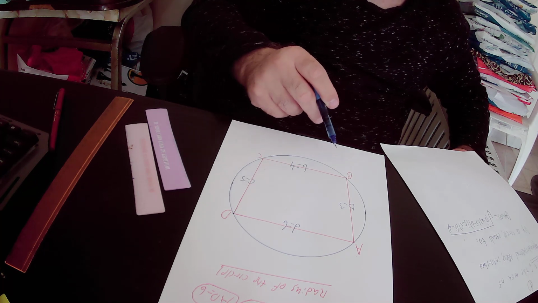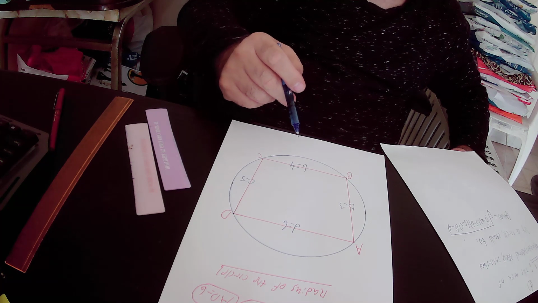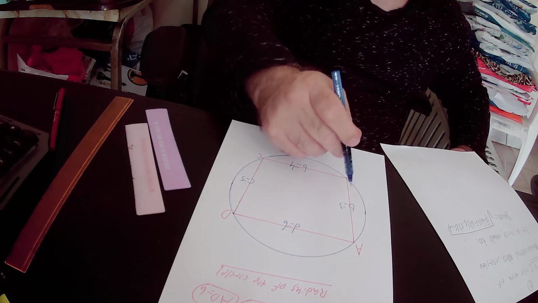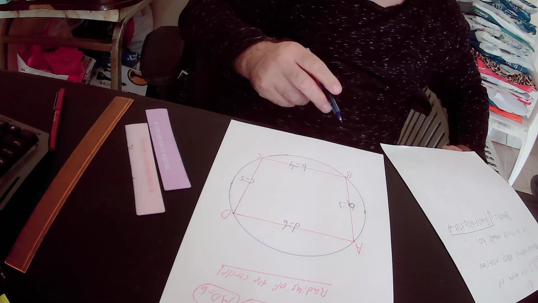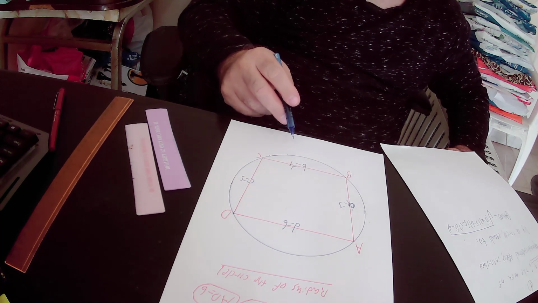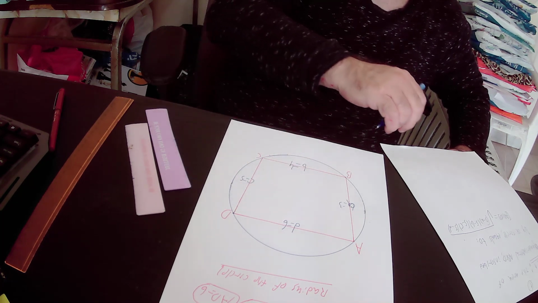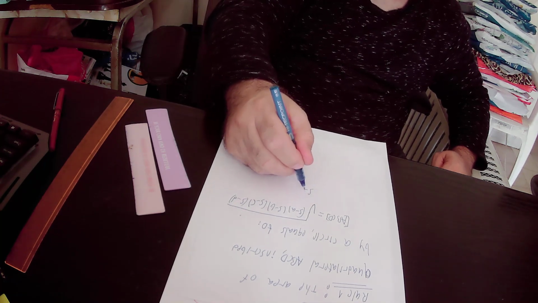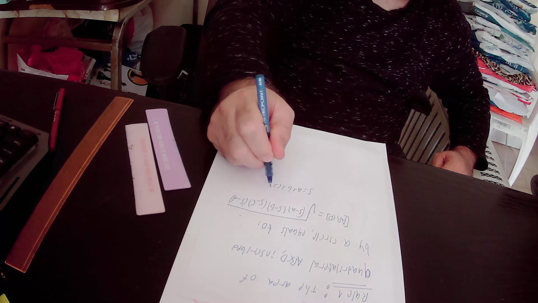In this case, A equals 3 units, B equals 4 units, C equals 5 units, and D equals 6 units, and S equals A plus B plus C plus D over 2.